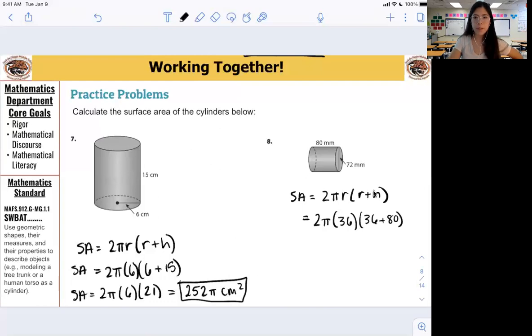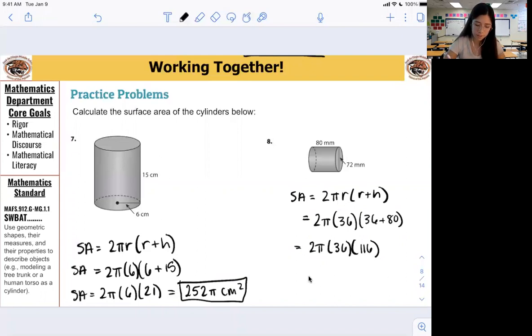All right, what's 36 plus 80? 106. Wait, 116 or 106? 116. Yeah, 116. Okay. And now multiply it all together and we'll get our final response.